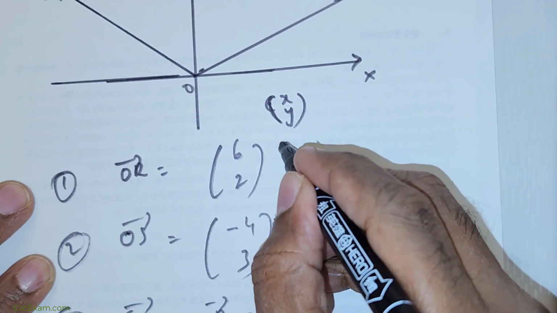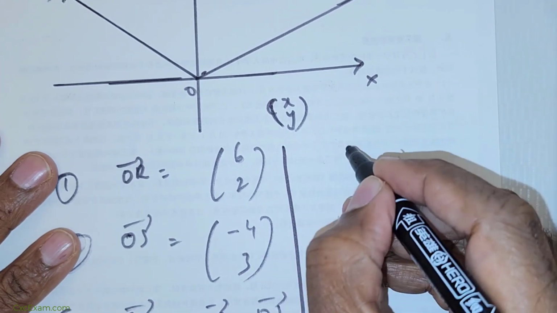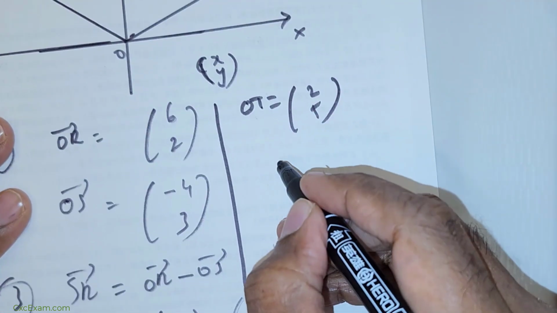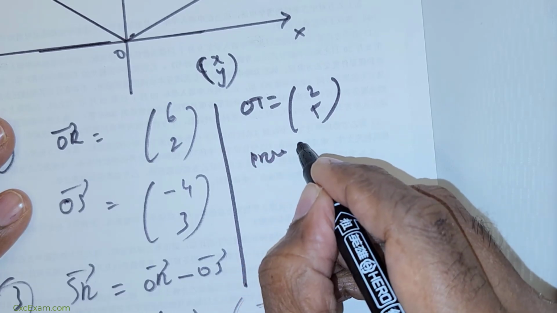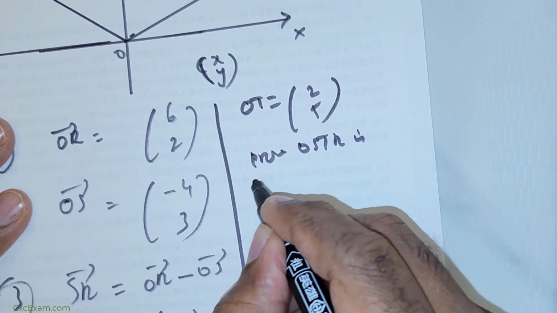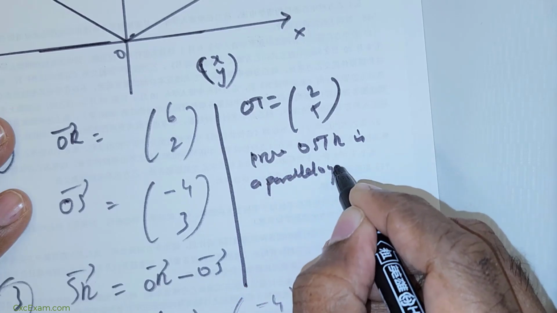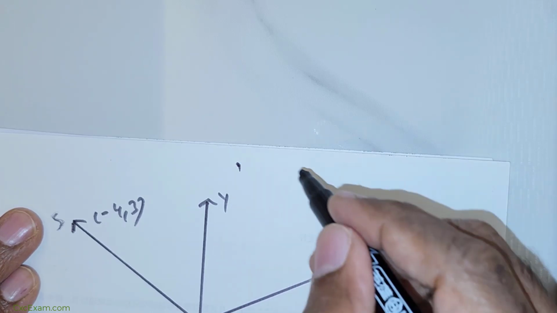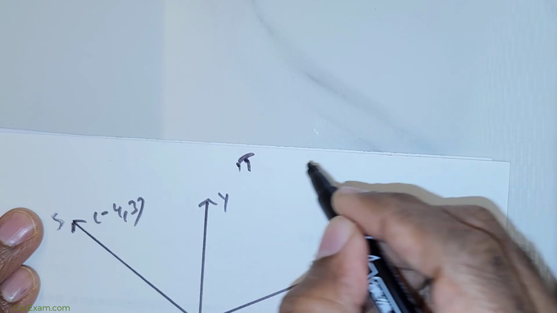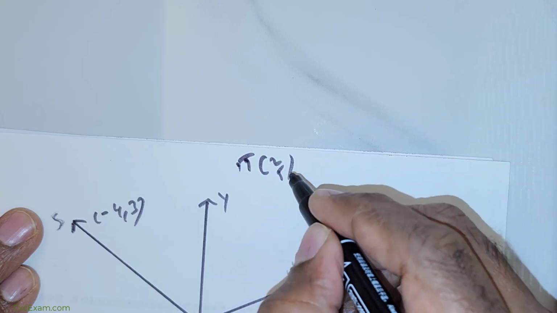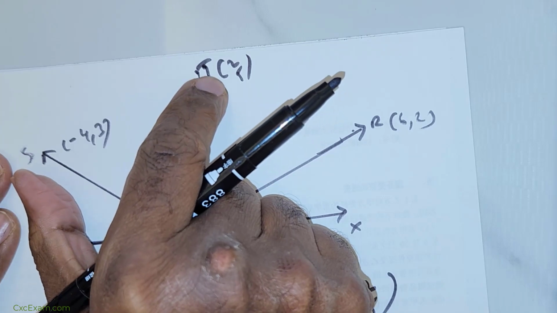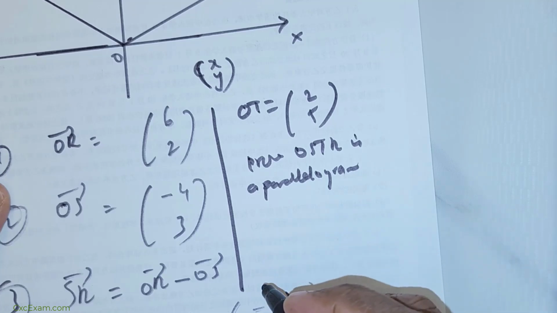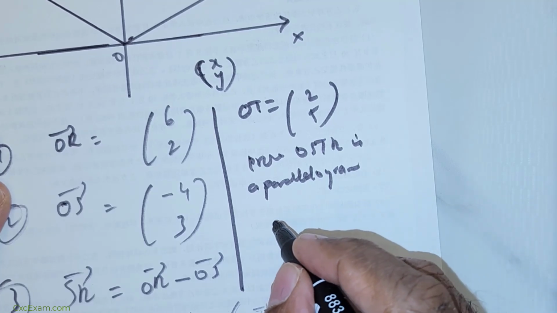Okay, now we are given the last section. OT is (2, 5). We are asked to prove that OSTR is a parallelogram. So T is somewhere over here, right? So T is given as (2, 5). Now if I can show that ST and OR are the same and their magnitudes are equal, then clearly it's a parallelogram.